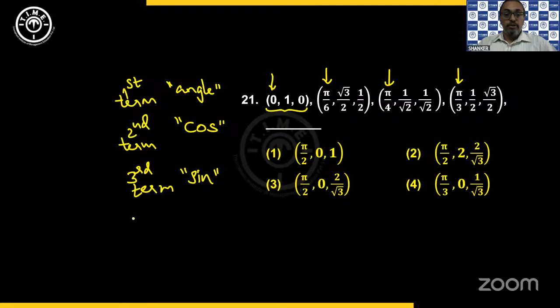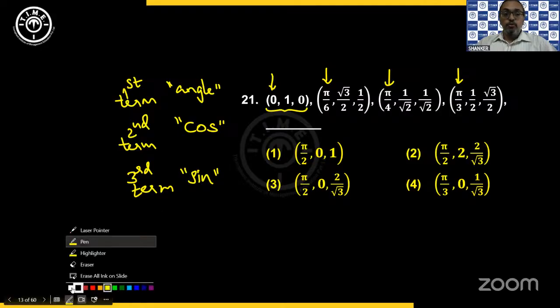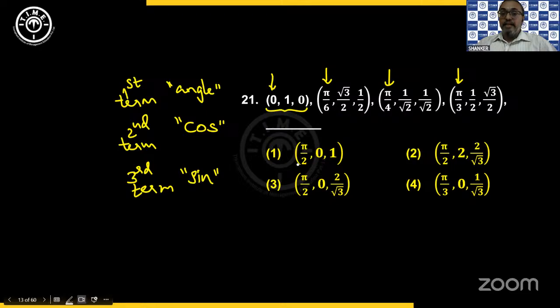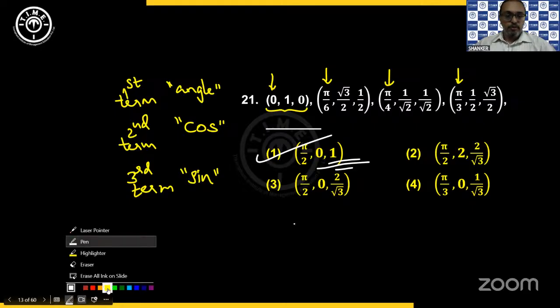Are you understanding the point? So we need to now know what is cos 90. It is the same as sine 0, which is 0. And sine 90 is the same as cos 0, which is 1. So that is why it is the first option. Understood the point? Okay. So that is how this will work. Then next, moving on.